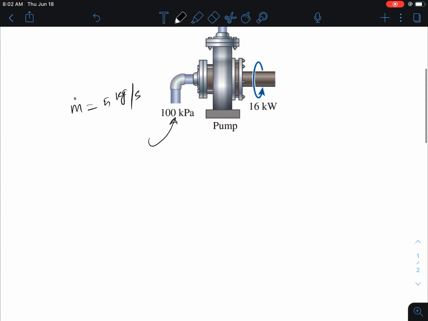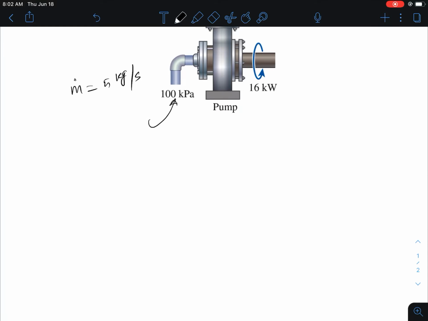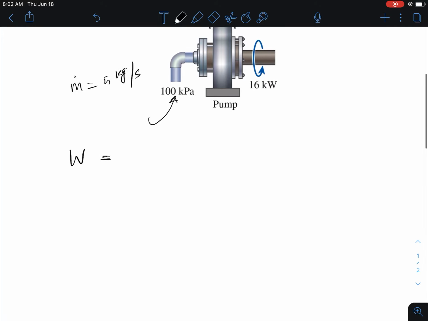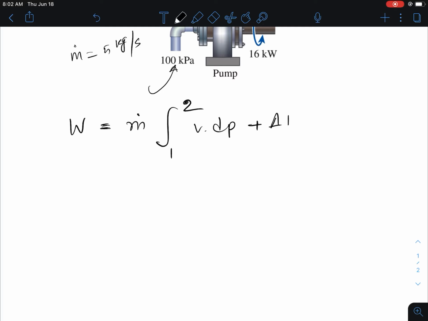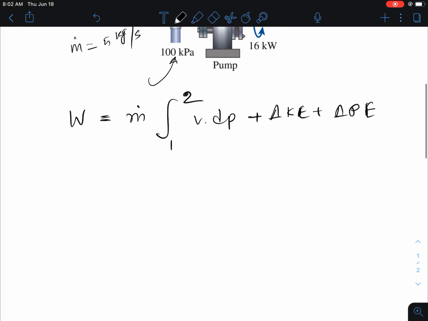So for a reversible and steady flow device, we just derived the formula, right? W equals, since it has a mass flow, we have to take this term as well, integral 1 to 2 of v dp, plus, we saw that if it does have kinetic energy change and potential energy change, then this is the formula.